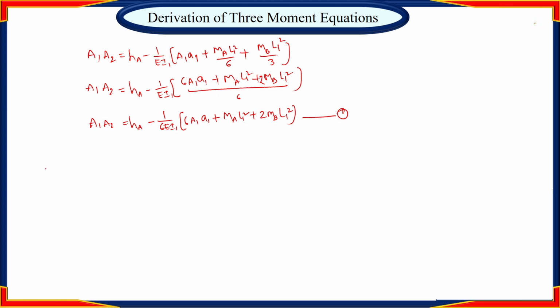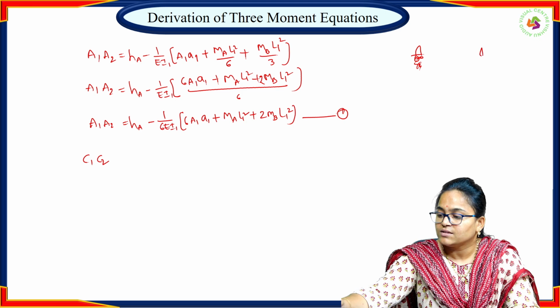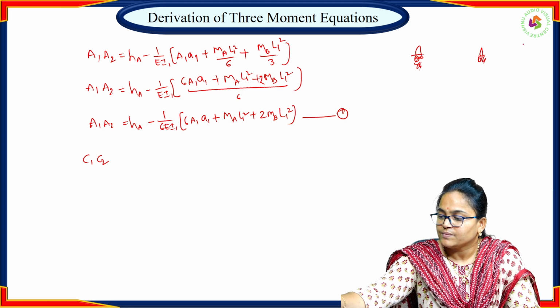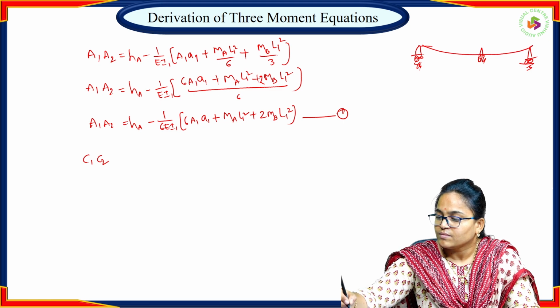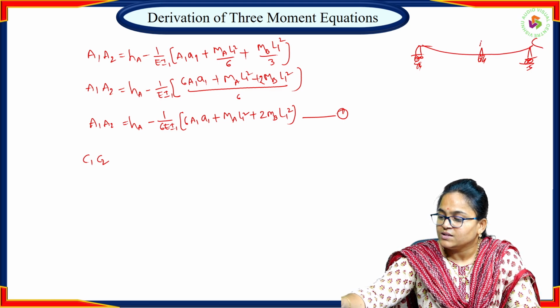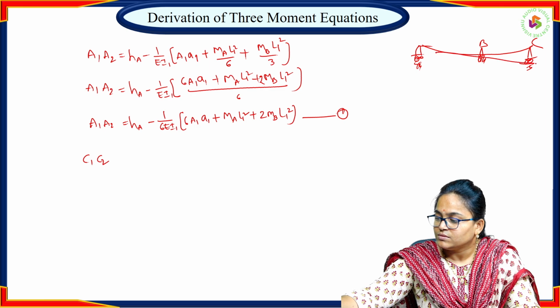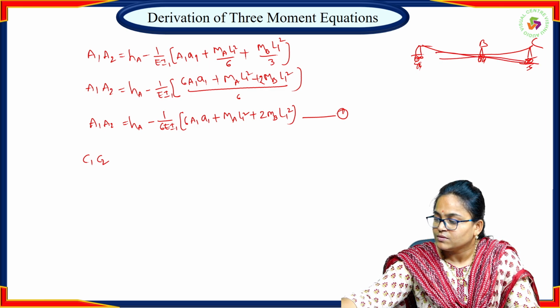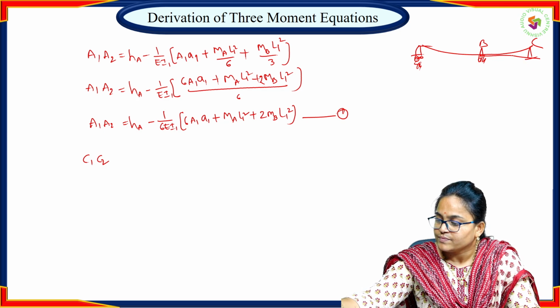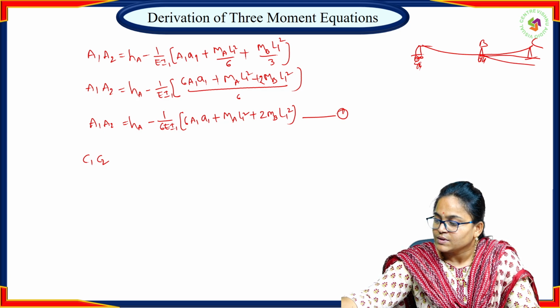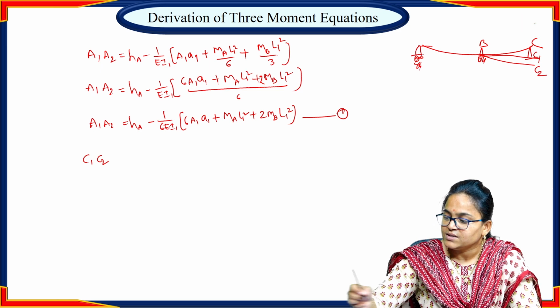Now similarly, we can write C1, C2. So from the diagram, from the support conditions, this is C, this is B. So this is C1, this is C2.